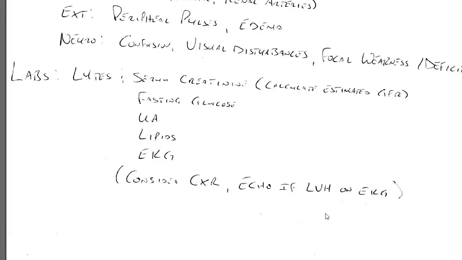What are the chances of them staying compliant with that medication long term? Not all that great. If you take some time to let them know that, hey, this medicine is going to make you have to go, you will get used to it, which they typically do after a few weeks, but not all the time.